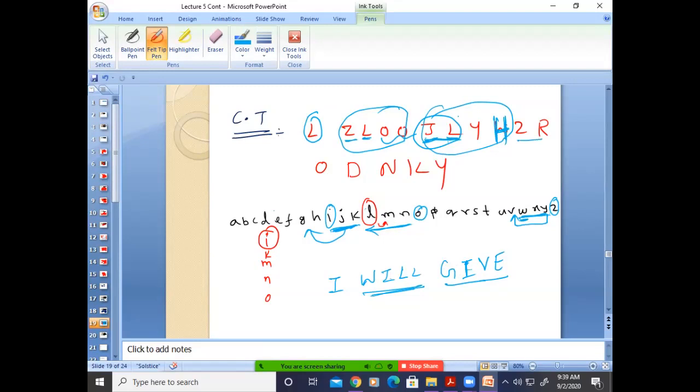And next, what about ZROD? It's WZRO. Yes, maybe I have given the ciphertext wrong. That is an example.